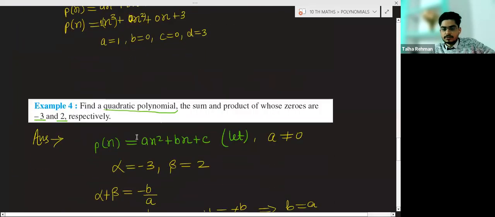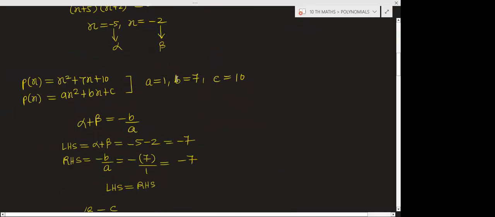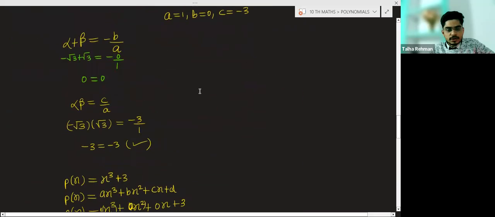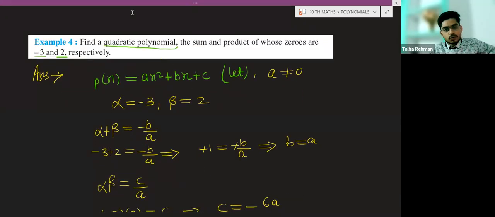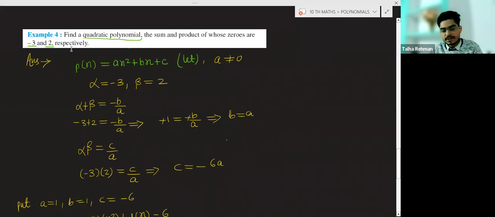Okay, Azaan? Yes. Okay, so write down fast. We will do one more question, then we will move to the next chapter. Write down fast. This is example number 4.